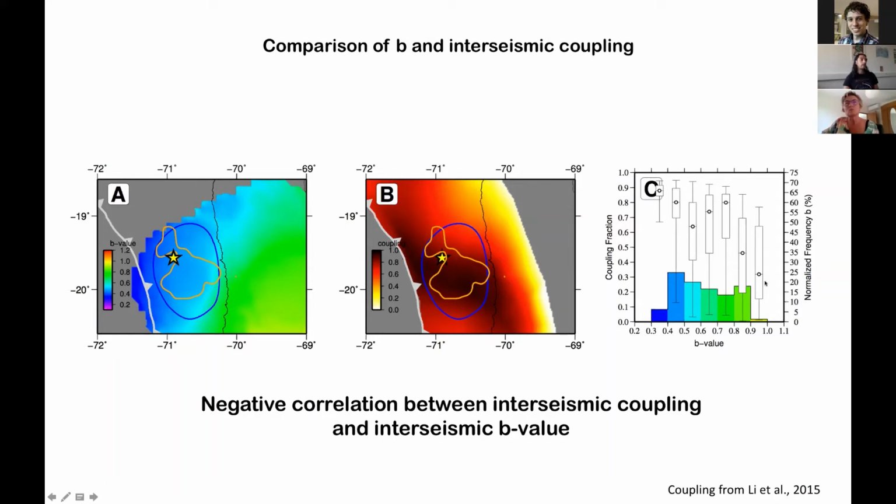As we decrease the b-value, as we go to lower values of b-value, the coupling tends to increase, which again we can explain as areas of low b-value being indicative of areas that are accumulating more stress, and therefore presenting a higher degree of coupling. But of course, again, this relationship is not really beautiful.